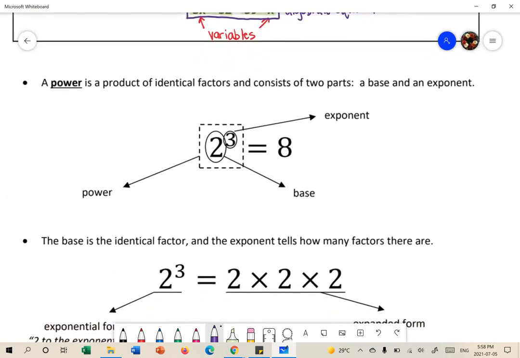A power is a product of identical factors and consists of two parts, a base and an exponent. So the base is the large number here, 2.